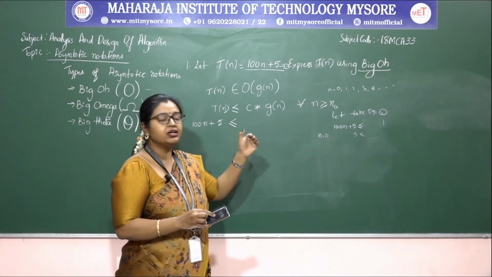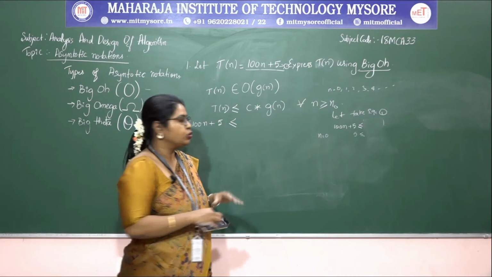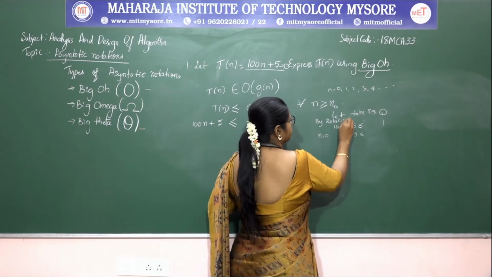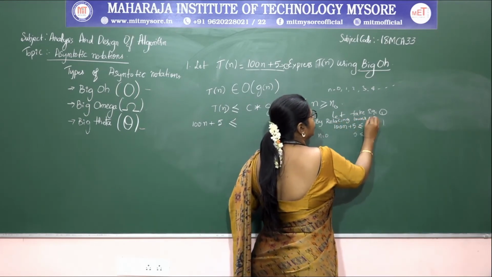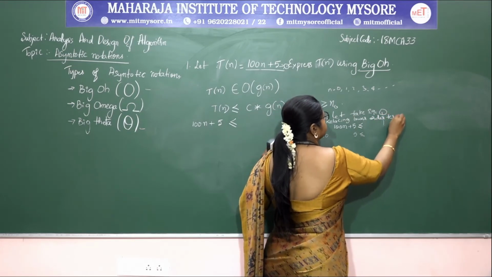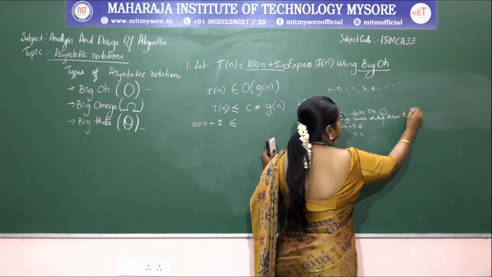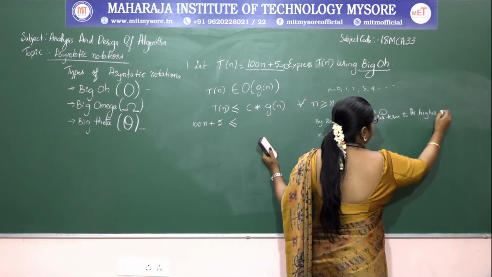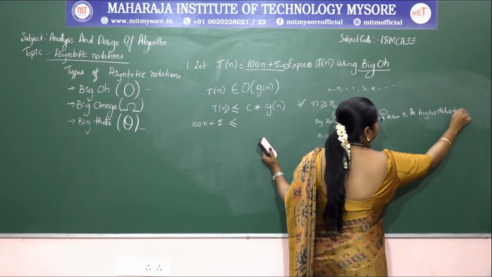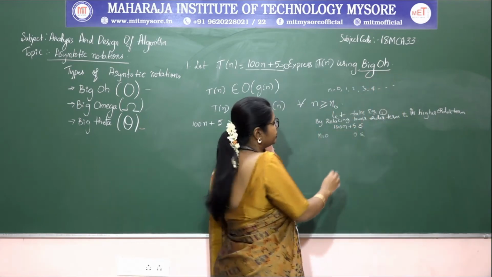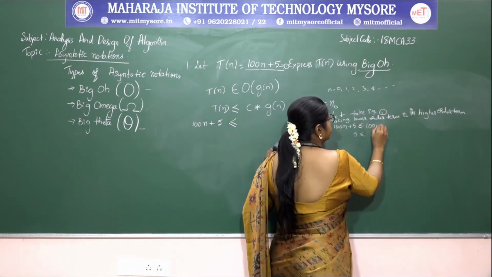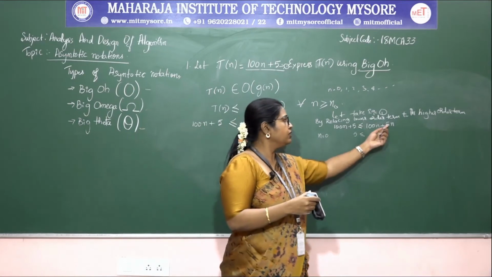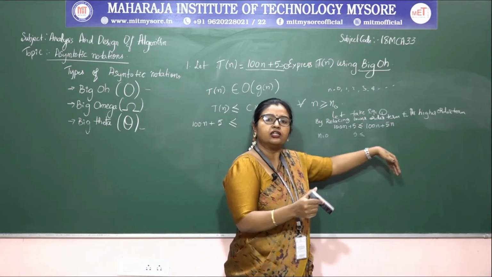By replacing the lower order term with its higher order term, what you will get is definitely 100n plus 5n, or just n.